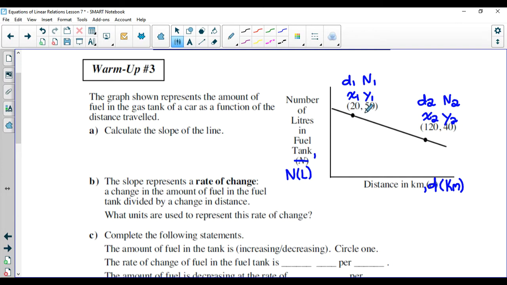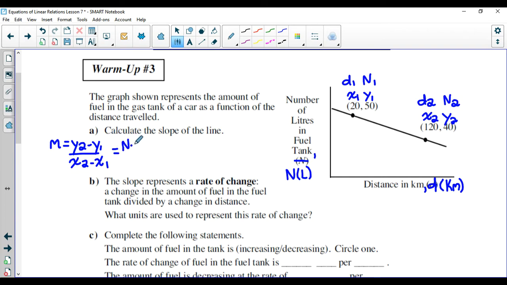So typically when we try to model a real life situation, instead of using the generic variables x and y, which just have an abstract meaning, we actually can turn it into the correct variables being used to model that situation. So if I want to write down the slope formula, so I can calculate slope. So it would be m is equal to, now the standard slope formula would be y2 minus y1 over x2 minus x1.